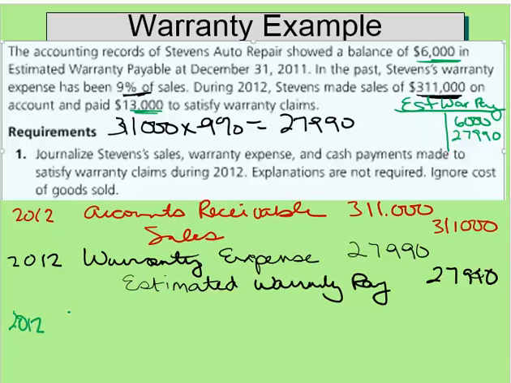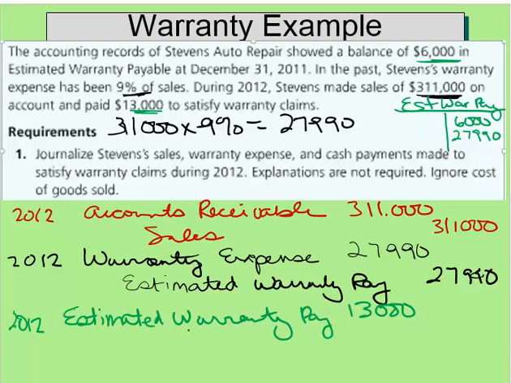Now we debit the liability estimated warranty payable for $13,000, and we credit our cash or repair parts, or however this happened to be paid. It says paid $13,000. So then our estimated warranty payable would be debited for $13,000. So you can see how that account actually gets created. When we pay those claims, we debit the liability.